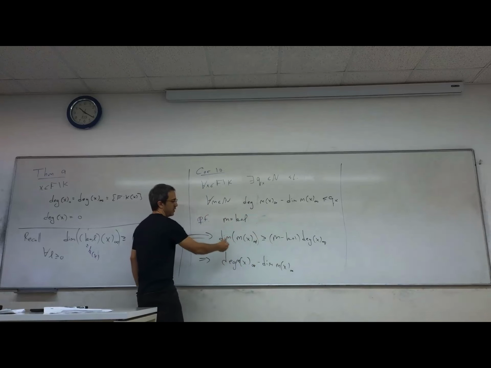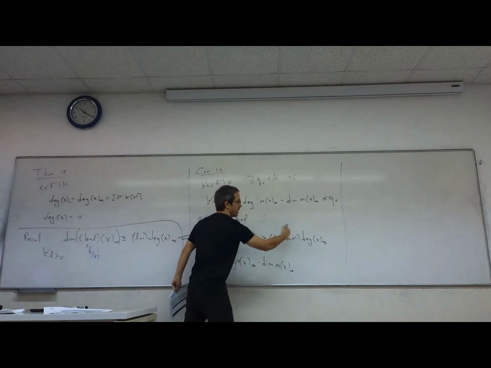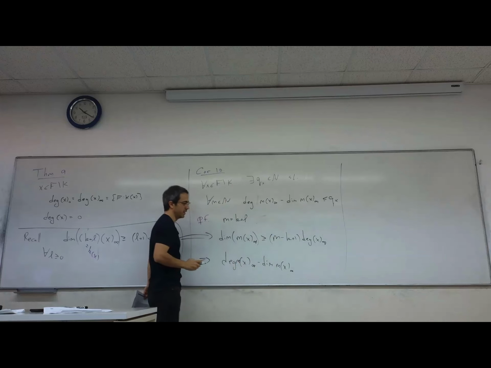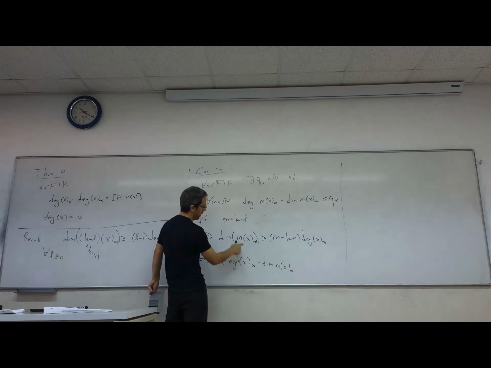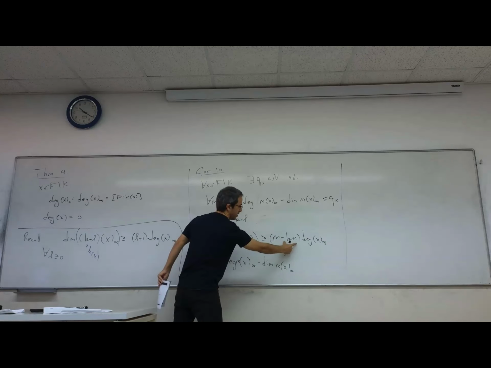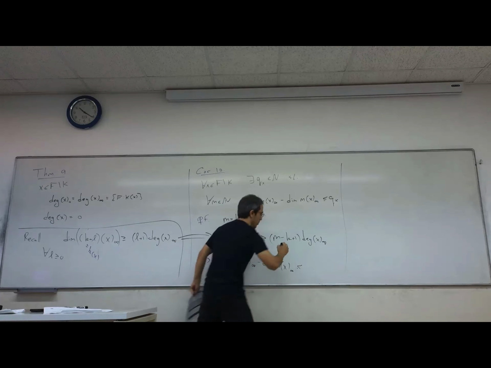Here I have the dimension. The degree, m can go in and out. In dimension, it cannot. So I'm taking this m, putting it inside the degree. So you get this here. I'm taking this to the other side and keeping this here. And this is bounded by this k minus 1 that I have left here.